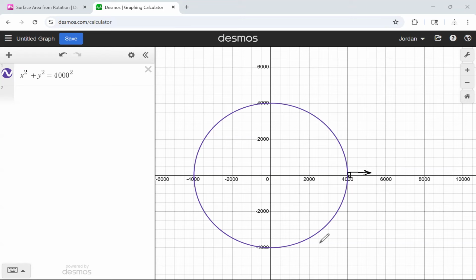Okay. So x is going to be how many miles away from the center of the Earth that I am. And we're going to start out eventually at 4,000 miles away from the center.